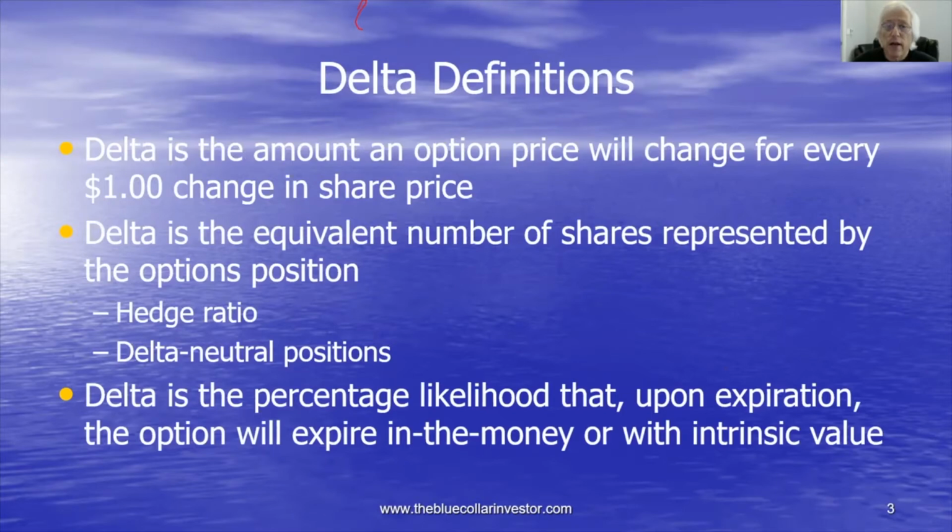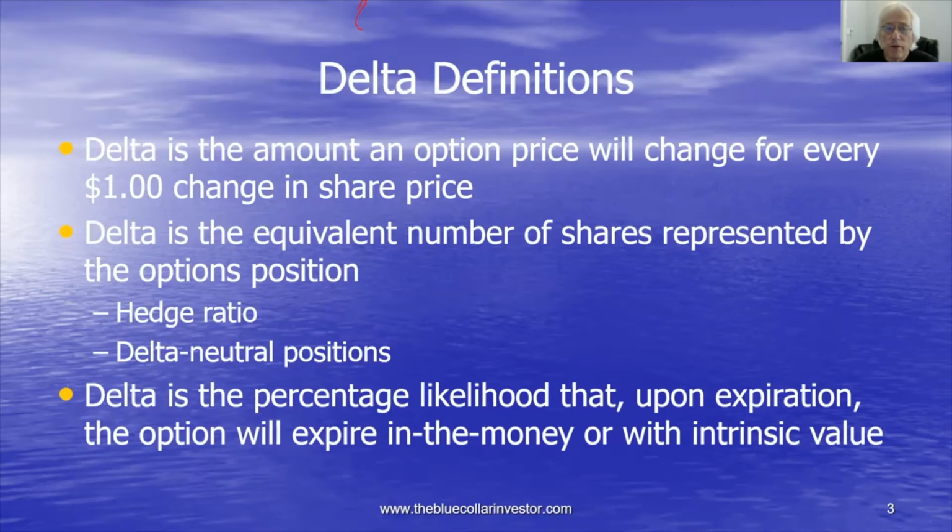So if an option has a delta of 0.5 and an option premium of 2, and the stock changes up by $1, we would expect that option to move from 2 to 2.50. We'll get into more details on that a little bit later on. But that's the first definition of Delta.